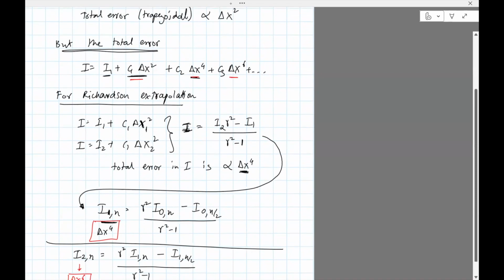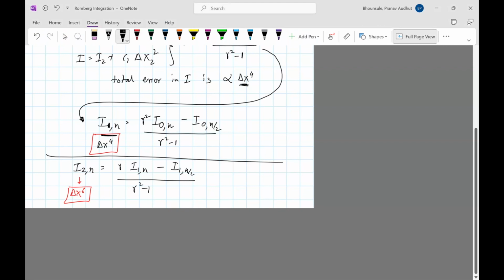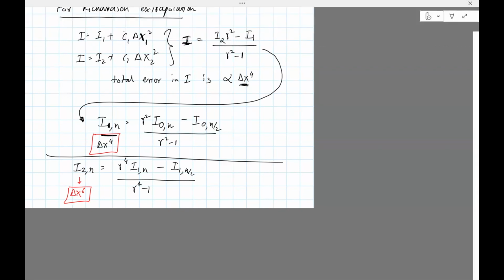Okay, this is basically exploiting this formula a second time and a third time and so on. There's an error here, my bad, this should be r raised to 4. Yeah, that's right. Okay, so this would be accurate to delta x raised to 6.